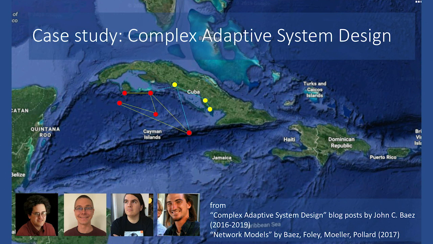This is a real case study. This is a research and industrial collaboration; John Byers and his team have been helping the US military develop a way of composing systems of systems. So the case study here is a search and rescue mission in the Caribbean where you have systems that all have to interlock to rescue people.